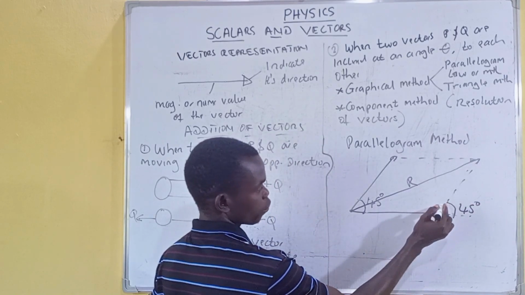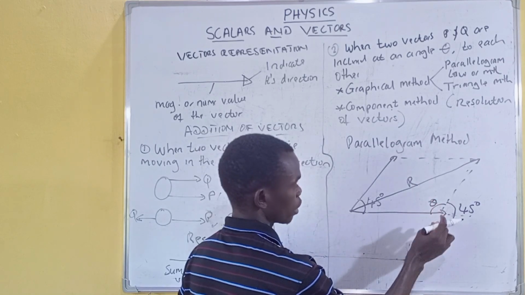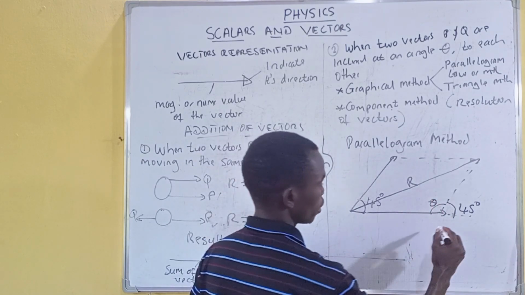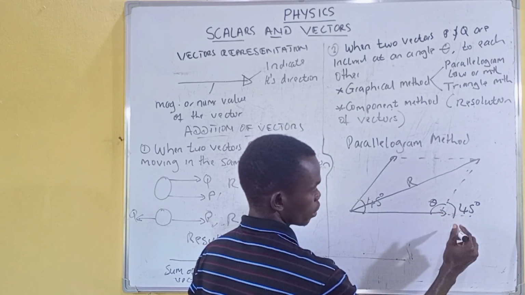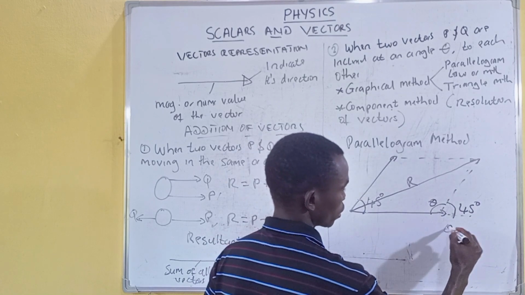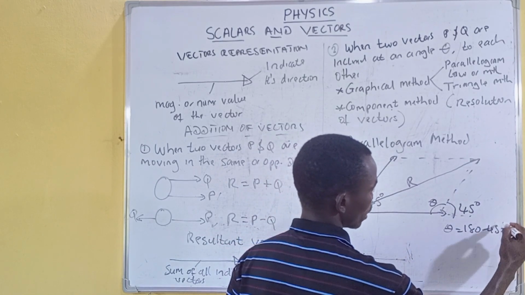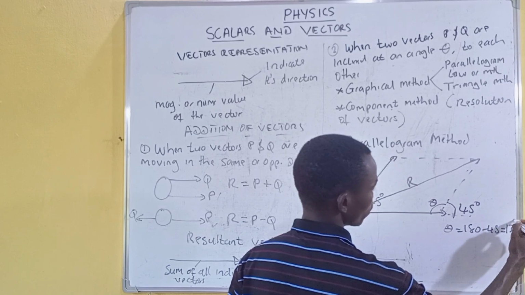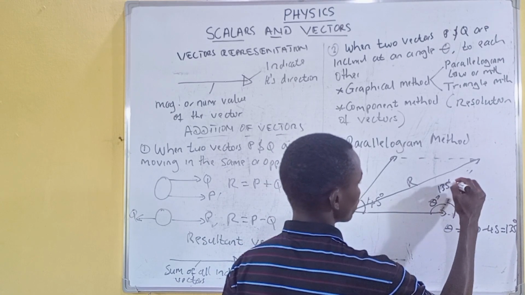And from here, we can find this angle theta using angles on a straight line, which is equal to 180. Now theta is equal to 180 minus 45, so this angle will be 135 degrees.